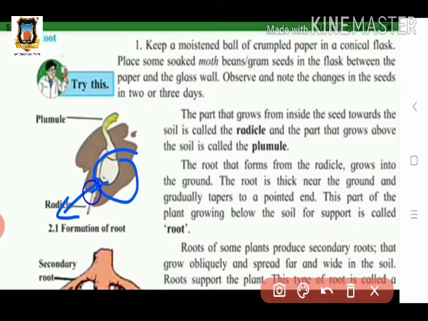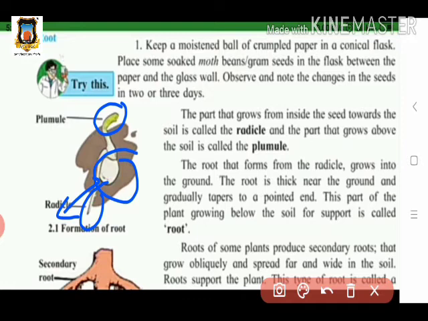This part which grows inside the soil is called radicle, and the part that grows above the soil is called plumule. That is this part. This is called plumule. So in this we see how radicle and plumule are developed after soaking these seeds or beans.